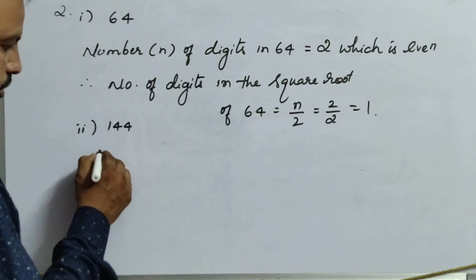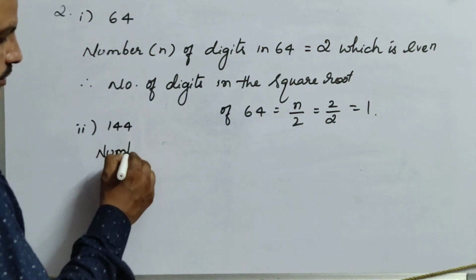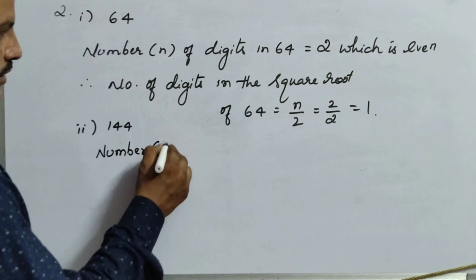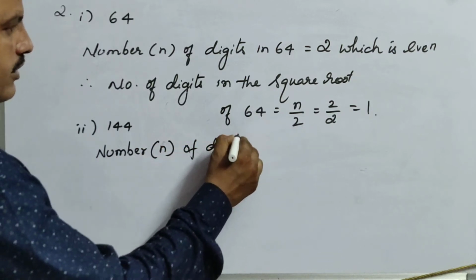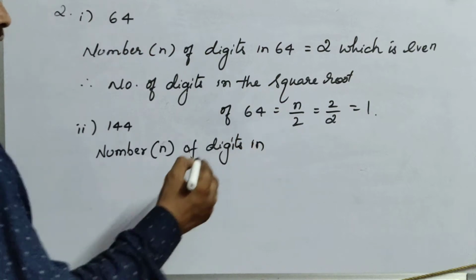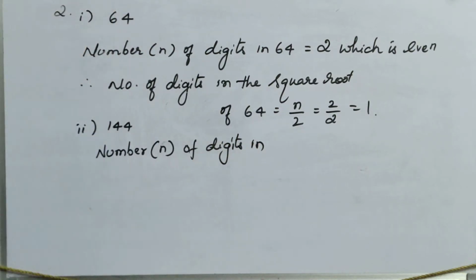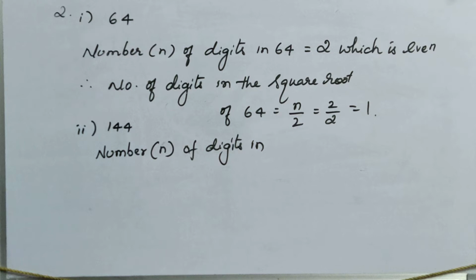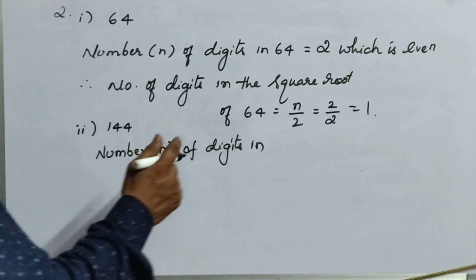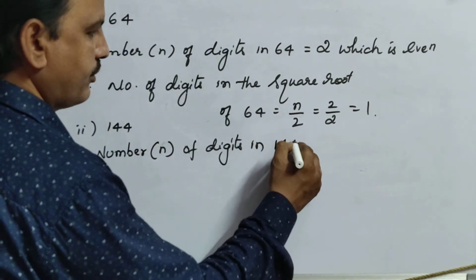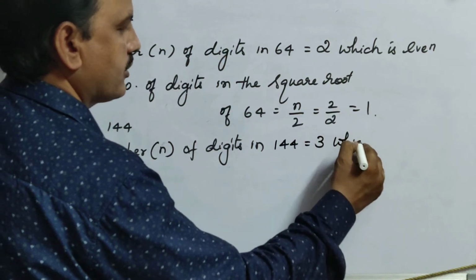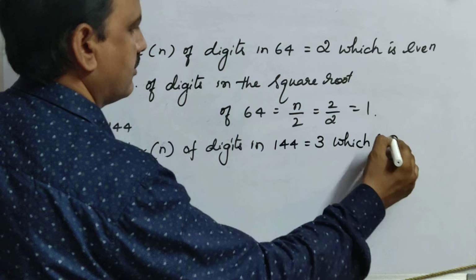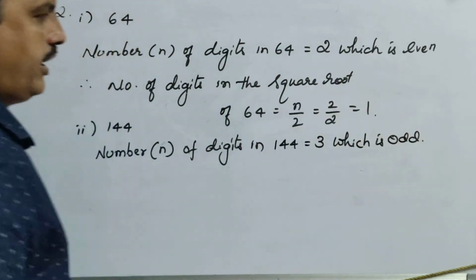Now see the second question. 144. So the number n of digits in 144 equals 3, which is odd. Okay.